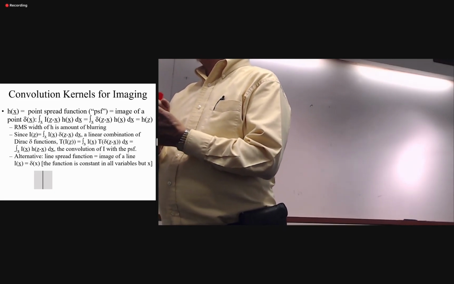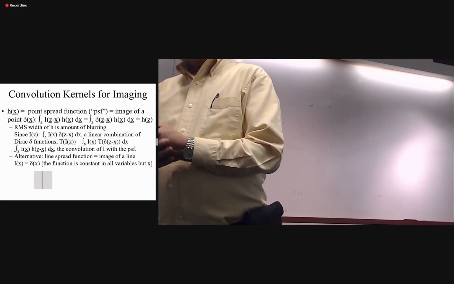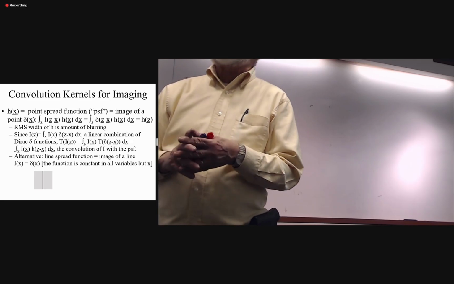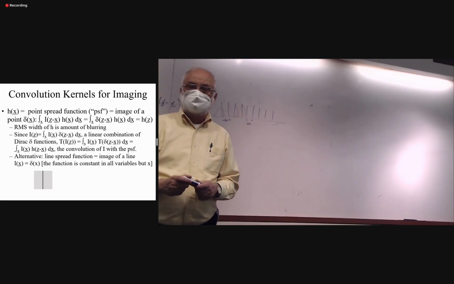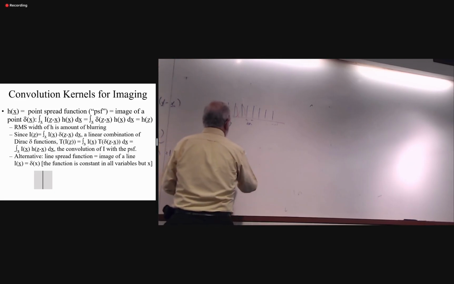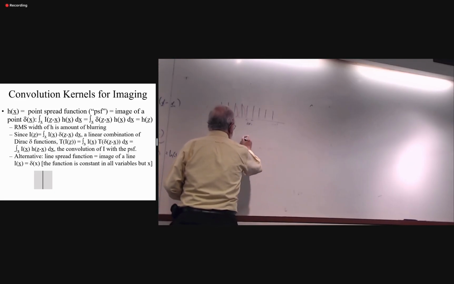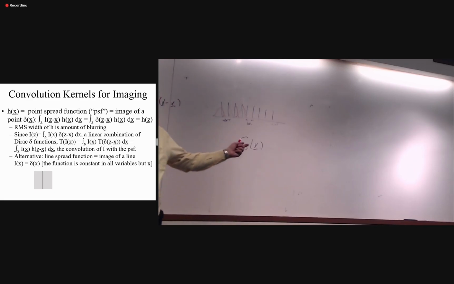Another convolution kernel that we're going to be interested in has to do with the imaging process itself. In imaging, you start out with an image, I'll call it S of x. It's a scene.